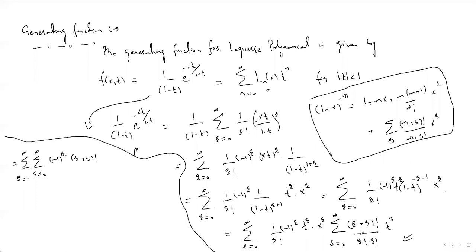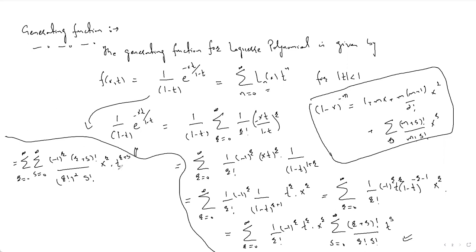Then the r factorial into r factorial, that is r factorial square, then we have s factorial. Then we have x raised to power r, and then t raised to power r plus s.